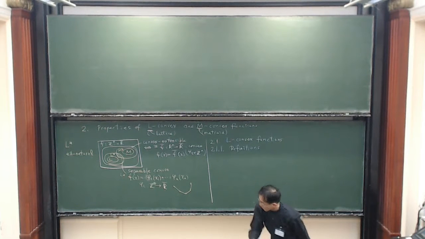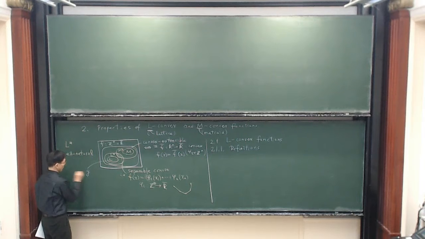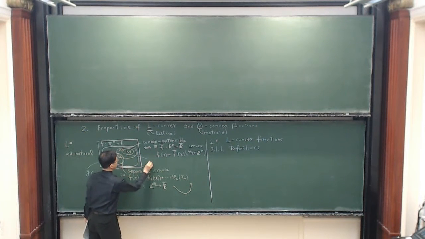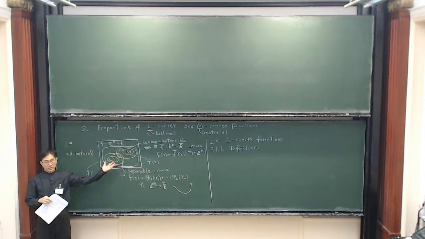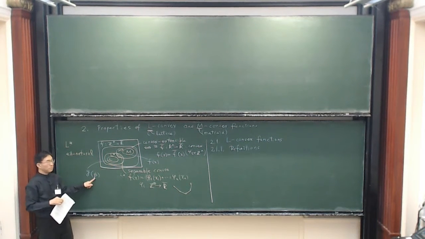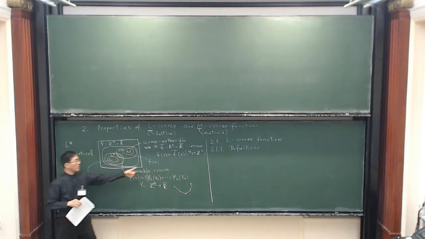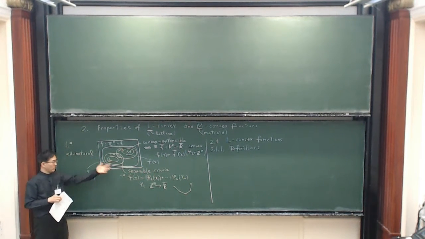For the functions here, L and L natural, I write g for the function and the variable is p. And here the notation is f of x. The reason is that these two objects are conjugate to each other. So maybe you could think of p as a potential. It's a correct understanding, potential. And x is for flow. That's why I distinguish these two notations.